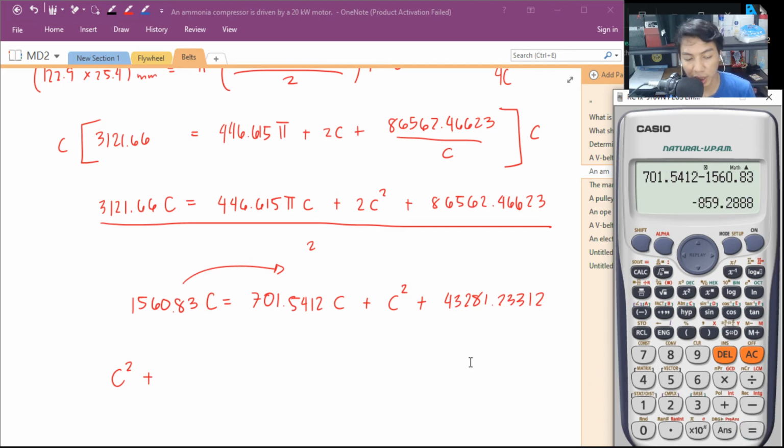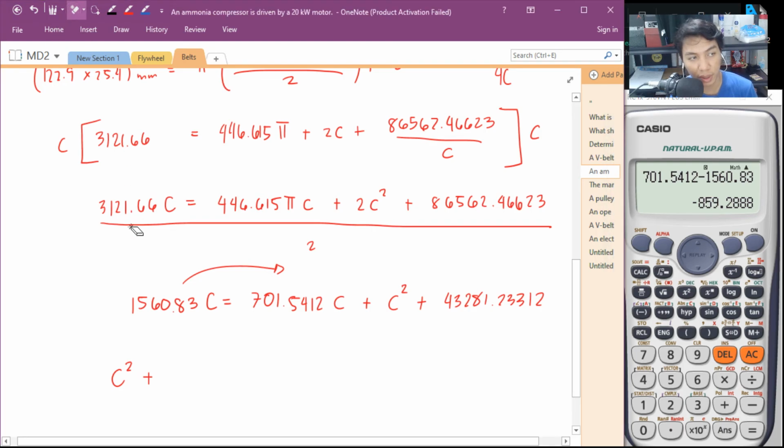So, that is negative. So, hindi pala positive yan. So, negative 859.2888 C plus 43281.23312. That is equal to 0. So, this is A, B, C.